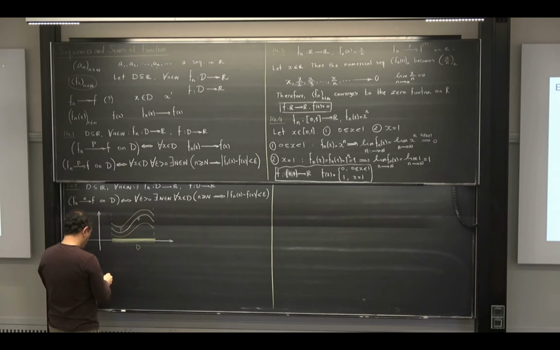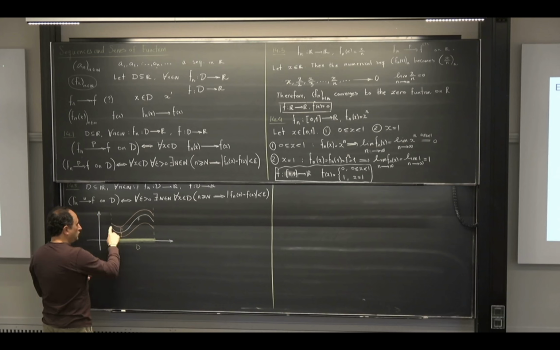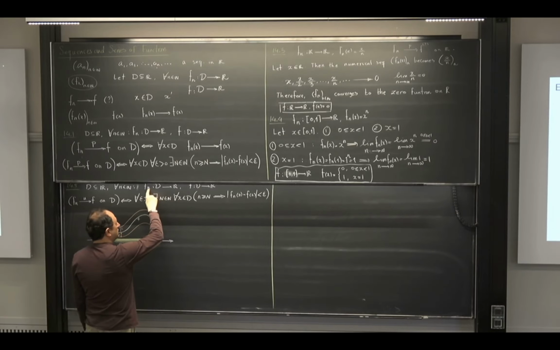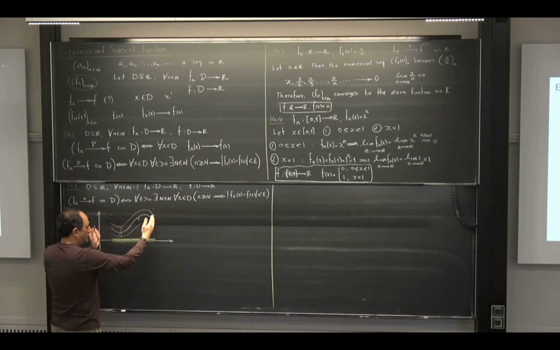So you shift your function epsilon upward and epsilon downward, and then you also have a sequence of functions, which also have graphs on this domain.